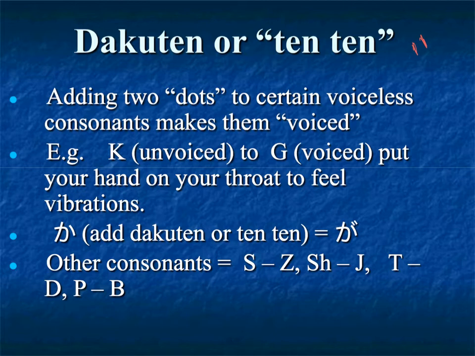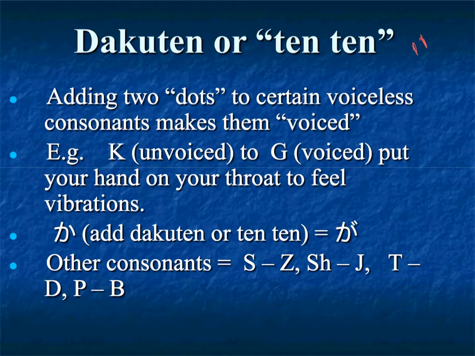So they're added to voiceless characters in order to make them voiced. So for example, a k is unvoiced and a g is voiced. Now you can tell the difference between unvoiced and voiced if you put your hand on your throat to feel the vibration. So if you say k, k, you don't feel any vibrations, but if you say g, g, there are some vibrations, so that's what makes it voiced. You're activating your voice box as you say it.